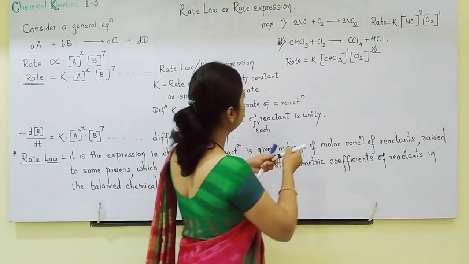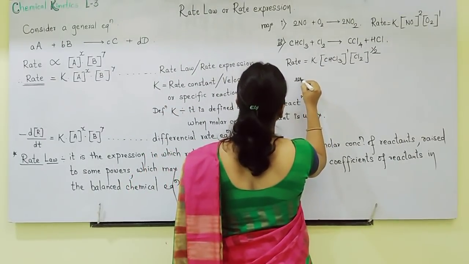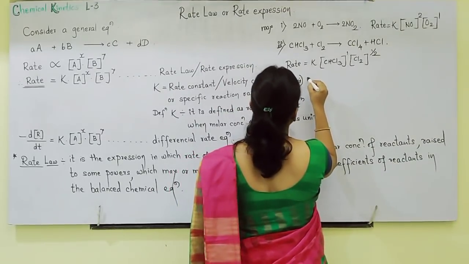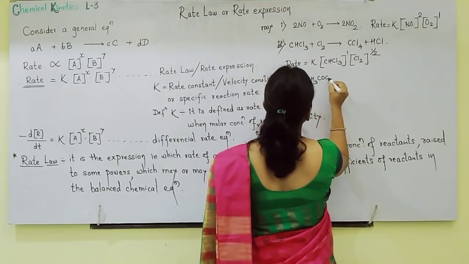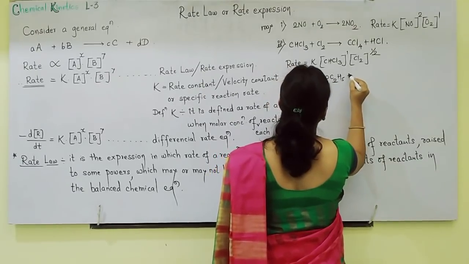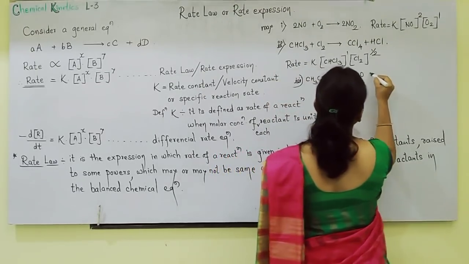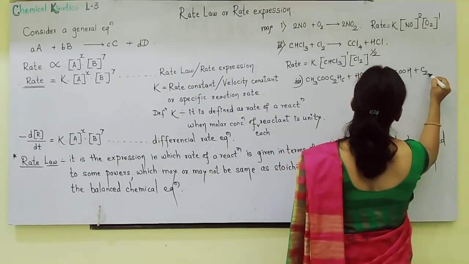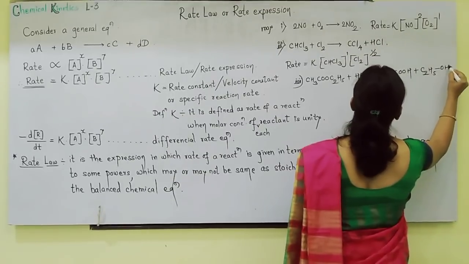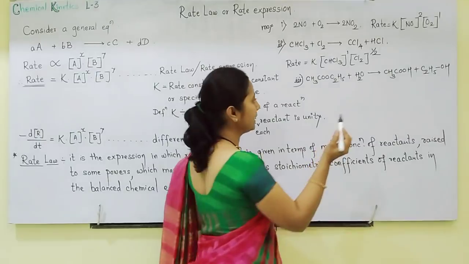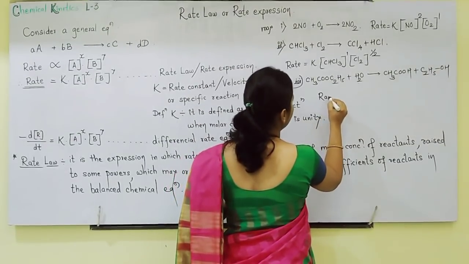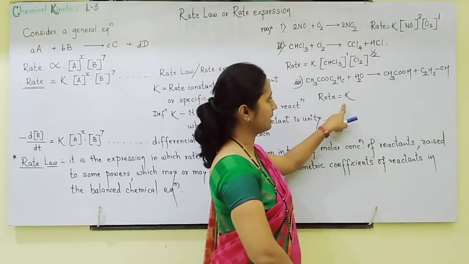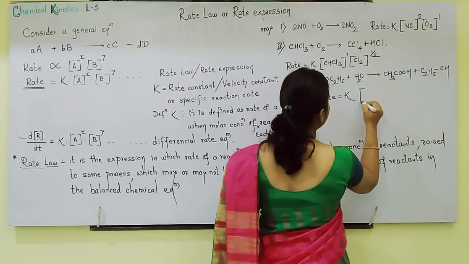Take one more example. Hydrolysis of ethyl acetate. Okay. How is rate written? See, student. Everything, how I am writing rate, see. Rate is equal to rate constant K. Then only reactants.